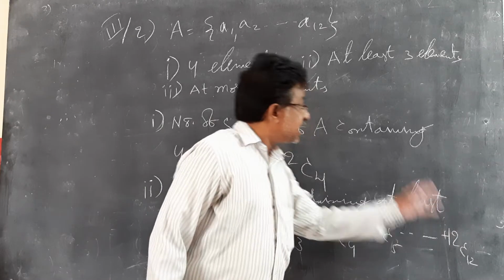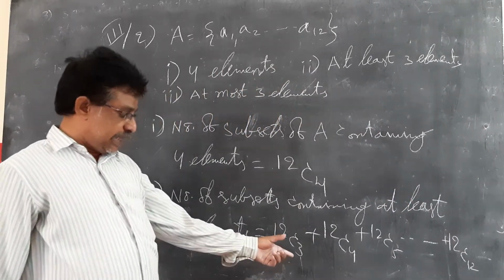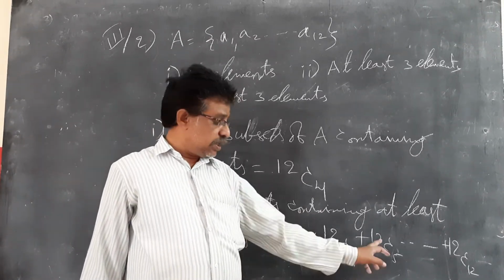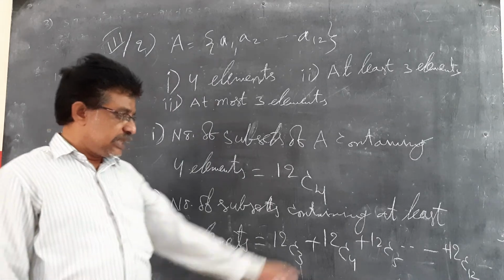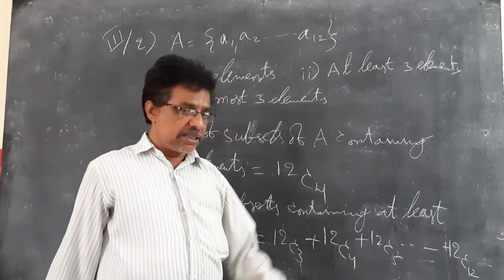Maximum means taking all the elements is the last set. So you can form a subset containing 3 elements in 12C3 ways, 4 elements in 12C4 ways, 5 elements in 12C5, 6 elements in 12C6, 7 elements in 12C7 and so on till 12C12.